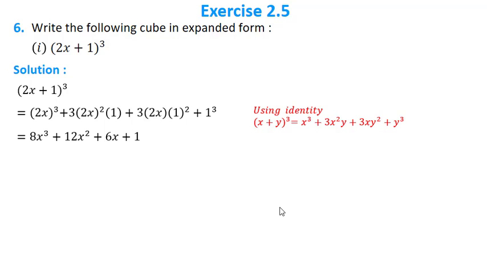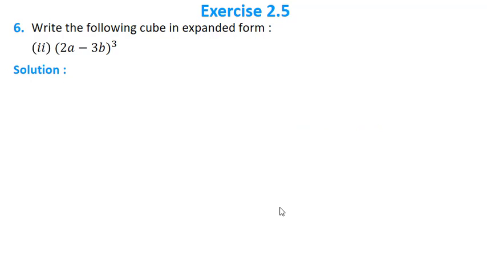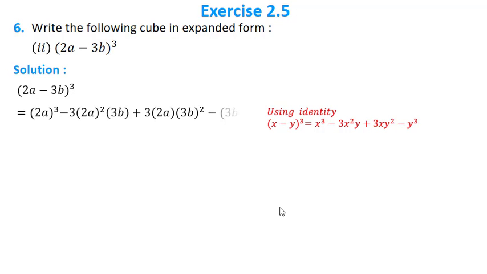Now let us see the second question, (2a minus 3b) the whole cube. So again using the identity (x minus y) the whole cube as x cube minus 3x square y plus 3xy square minus y cube, we get (2a) the whole cube minus 3 into (2a) the whole square into 3b plus 3 into 2a into (3b) square minus (3b) the whole cube.